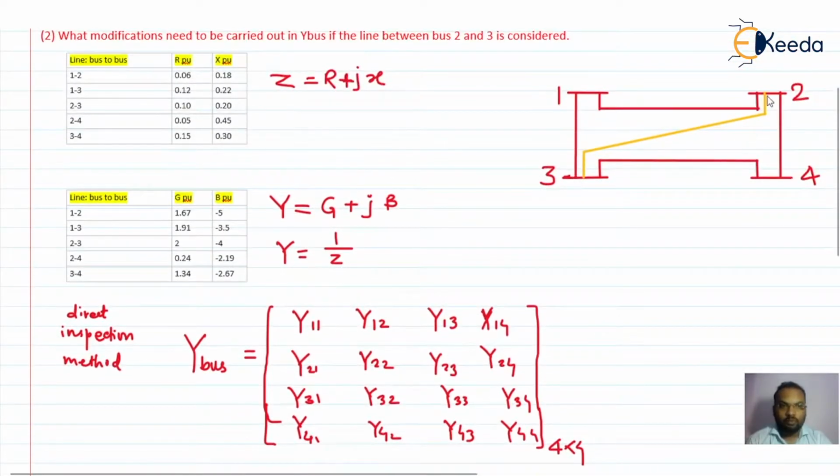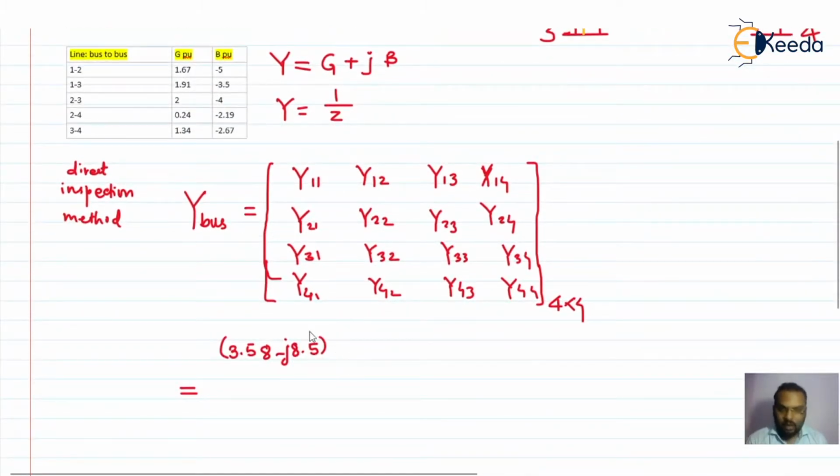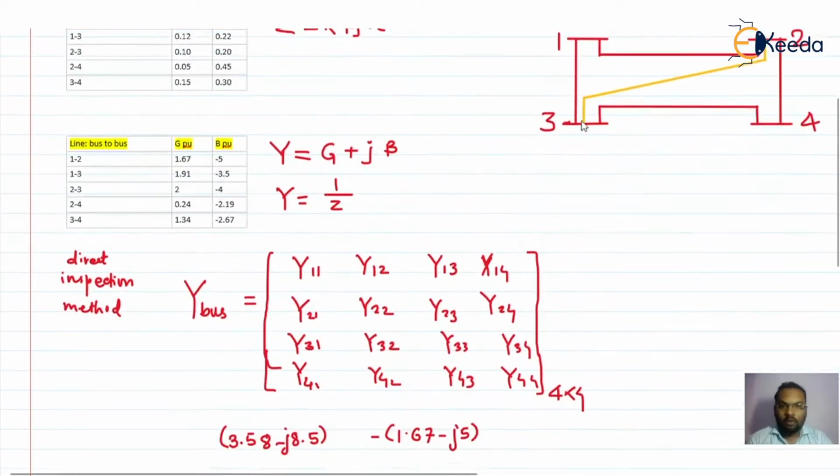Y12 is simply the negative of the admittance connected between bus 1 and 2. The admittance between bus 1 and 2 is 1.67 minus j5, so we'll take the negative of that: minus 1.67 minus j5.